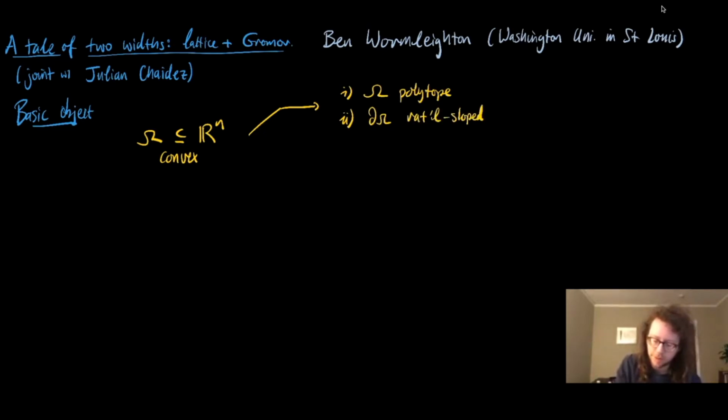What I mean by this is that the normals to each of its facets are rational, so some real multiple of them is a lattice vector. Such objects I will call moment polytopes.